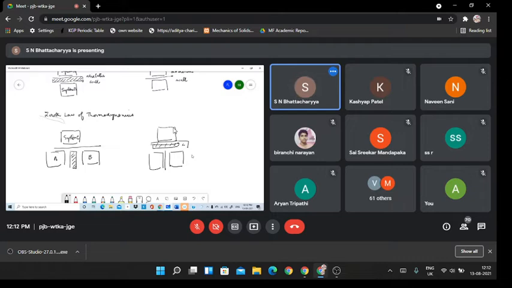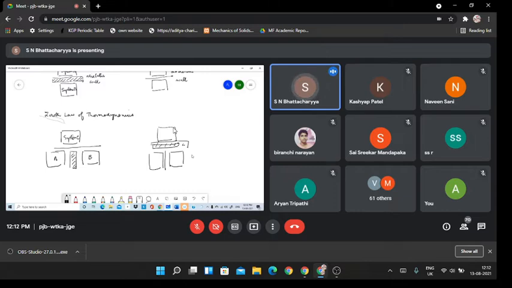So all it tells you is, if certain objects are in thermal equilibrium, they all have a common value of a certain property.